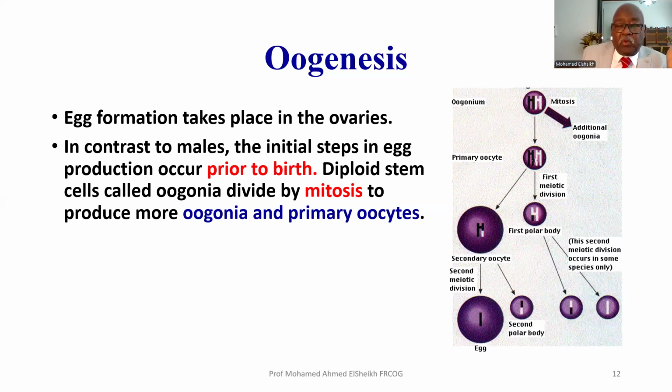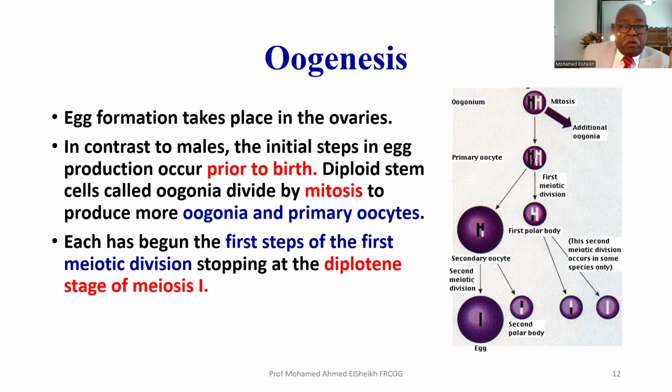So the primary oocyte has begun the first step of the first meiotic division, stopping at the diplotene stage of meiosis. So mitosis, dividing here, giving more oogonia, primary oocyte, then that will develop into the secondary oocyte, and after stimulation, then it ends with an ovum or an egg called here.